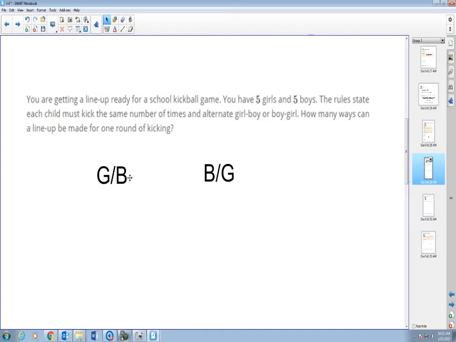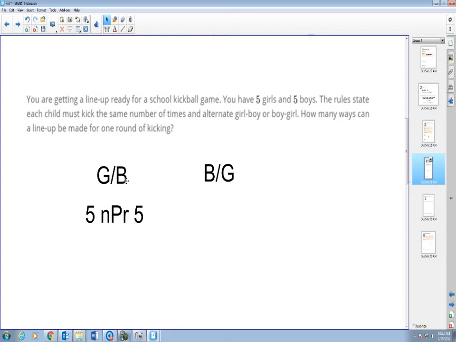So just among the 5 girls alone, which one goes first, second, and third already matters. That tells me there's going to be 5 girls choosing all 5 of them, because everybody has to kick the same number of times. So everybody has to kick.